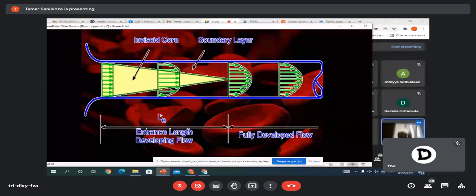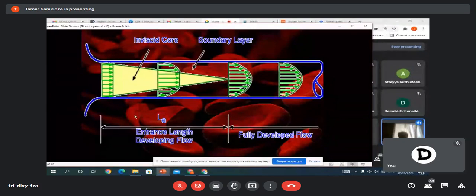Now, when the blood is ejected from the ventricle into the aorta, it is ejected from a wide area into the narrow aorta. It is one of the causes that the flow will change its spectrum and become turbulent.